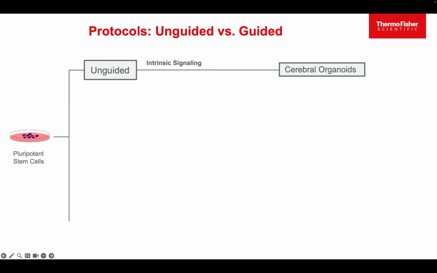What's really, really cool here with these whole brain or cerebral organoids is that within them, they contain various brain regions or regional identities, right? And what that means is we can almost collectively investigate whole brain interactions with this unguided method, using one of the different tools that we have at our disposal. And there's a lot of different tools out there nowadays as well. I think, again, this is another space that's advancing so rapidly.